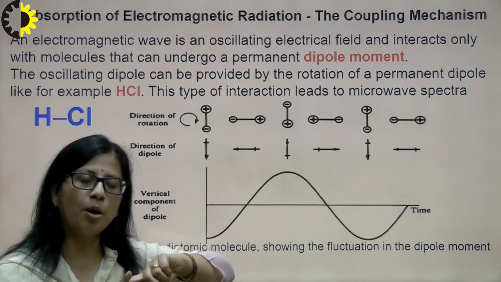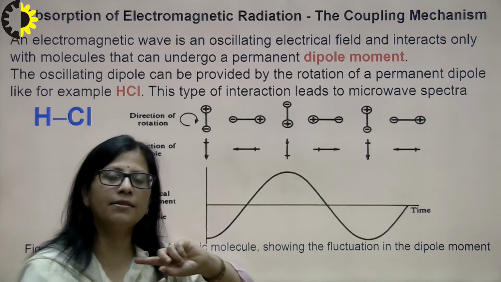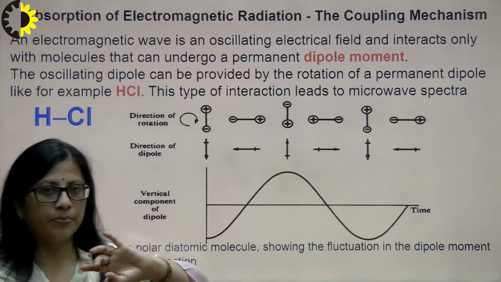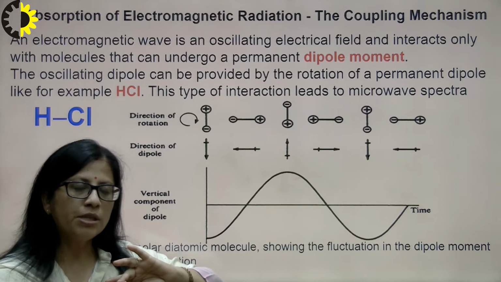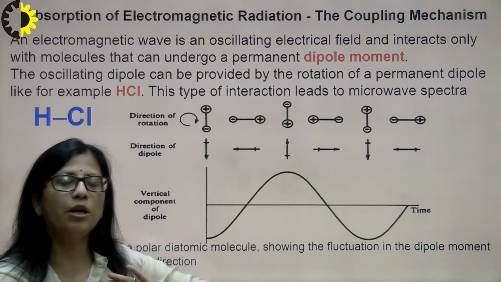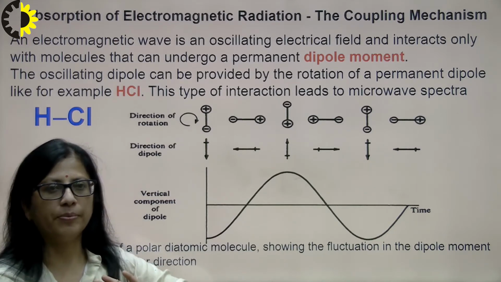This is the absorption microwave spectra. Or if it is already in a higher energy state, it is going to lose energy and come back to a lower energy state. Then it will show the emission microwave spectra.